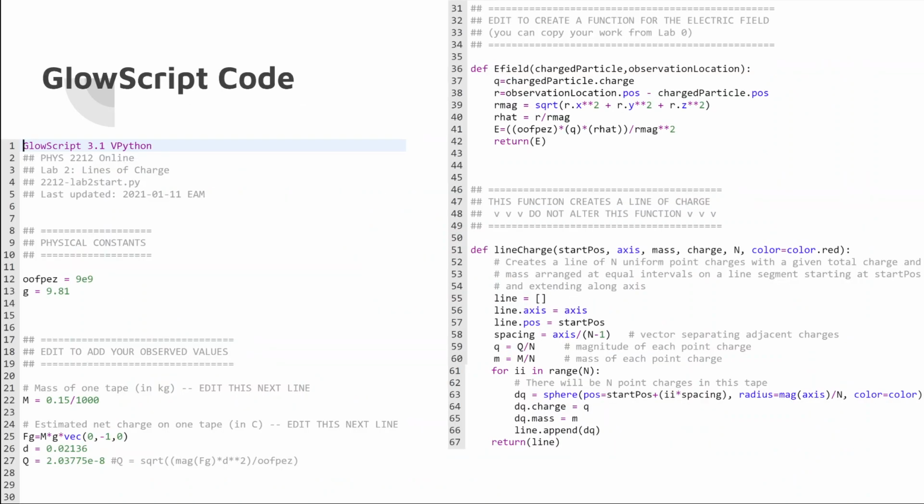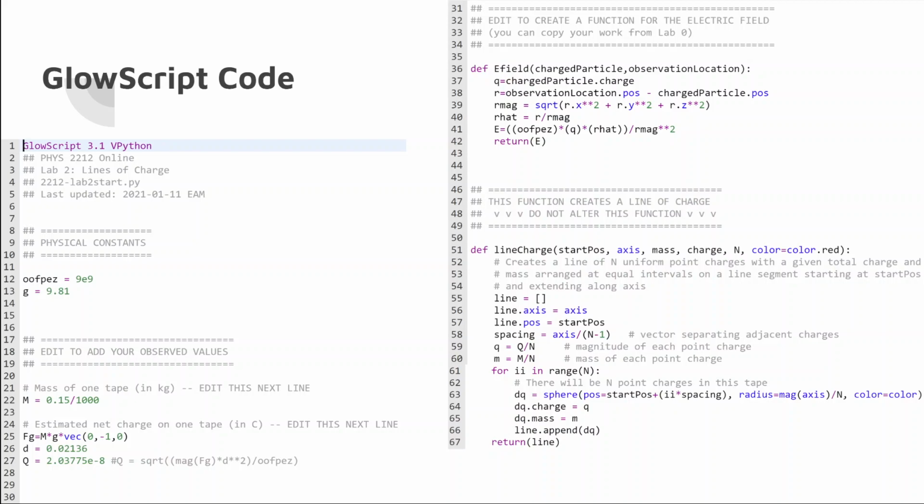I start off my code by establishing the known constants, calculating the mass for the 15 centimeter tape, and determining the force of gravity on the upper tape. I then create a function that can determine the dE for each dQ. The lines of charge are made and are based on the number of dQs in each line of charge.